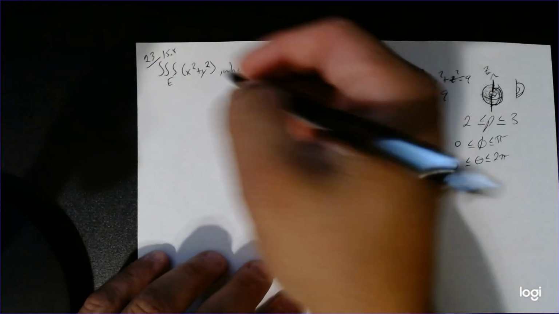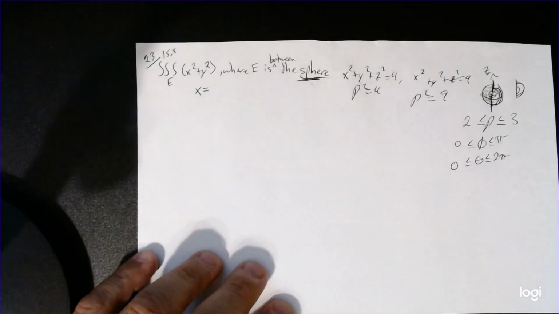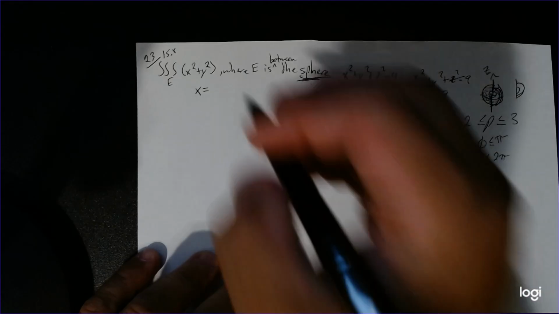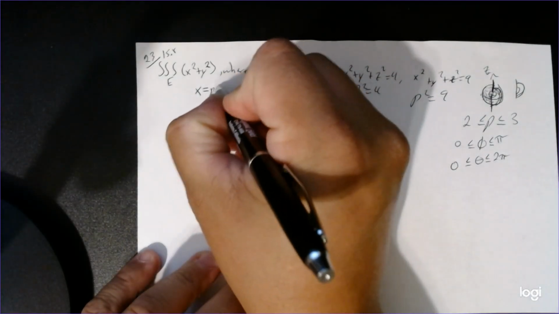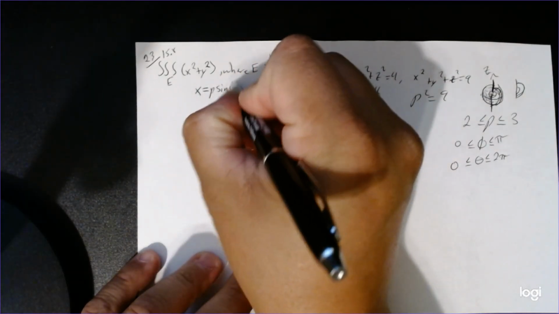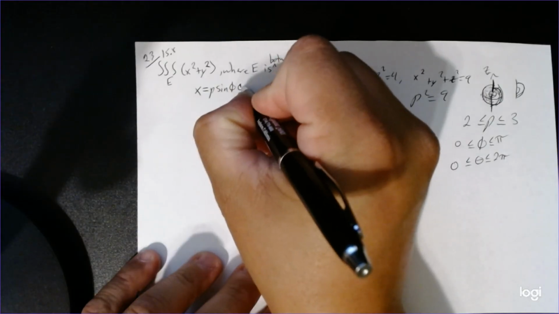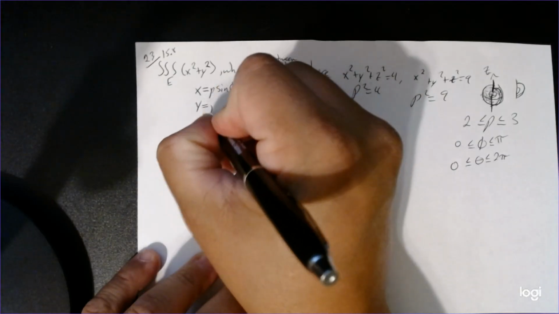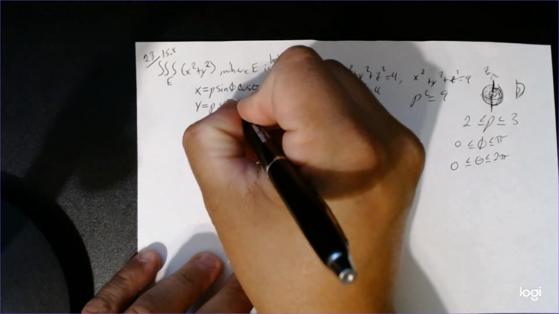All right, so x is equal to rho sine phi cosine theta, and y is equal to just the opposites.